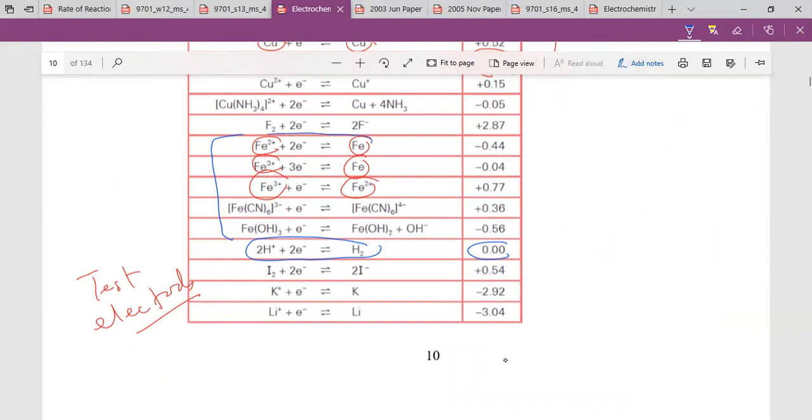Fe and Fe2+: for this case I have my hydrogen electrode, SHE, here, and here is the salt bridge.